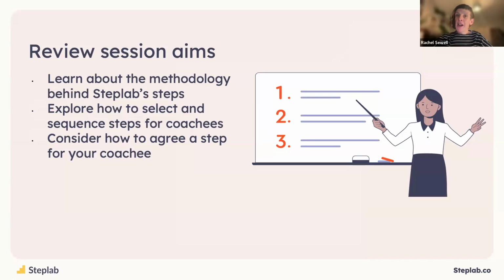How we've then turned that into granular steps that you can use with a coachee across a week, every 2 weeks, to give them that real sense of incremental and gradual progress and really good curriculum planning as a teacher as well. And then finally, we've thought about how when you as a coach have got a goal and a step in mind, you can go through that really careful process of agreeing on a step by being ready with really carefully scripted questions and being really responsive to your coachee's knowledge.